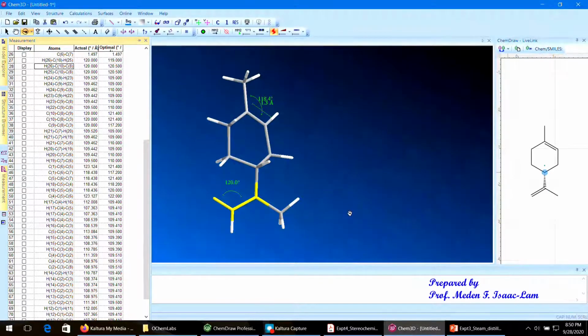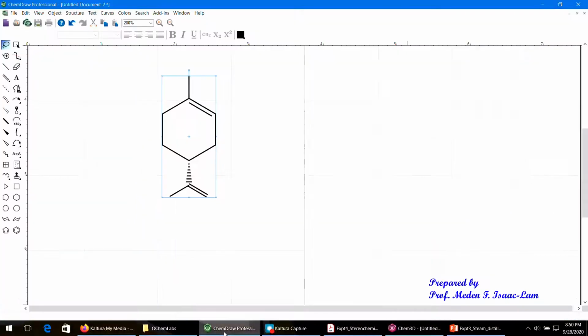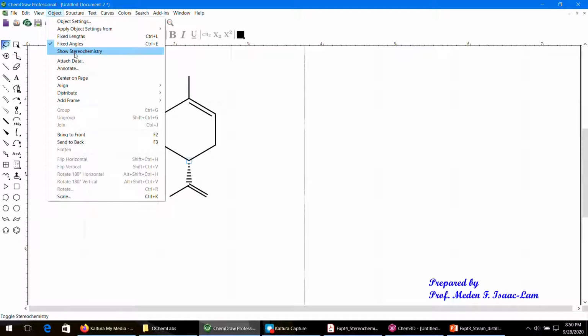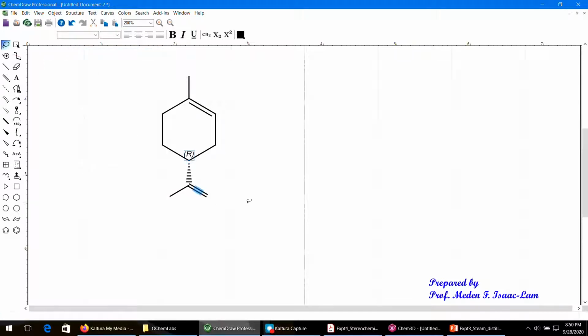You can generate it here, or you can also generate it in ChemDraw. So I went back to ChemDraw. If you put the cursor in here, I can do object, show stereochemistry, and then it's an R. You can also do that in Chem 3D.